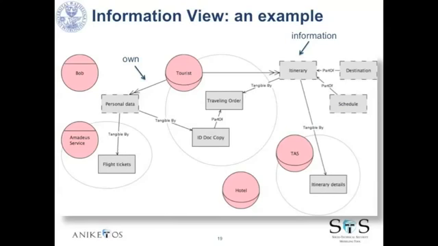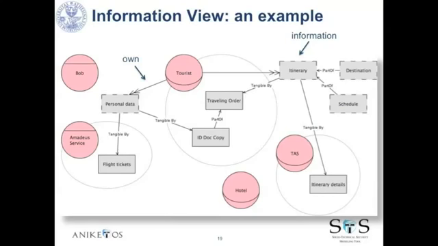For instance, the tourist owns his personal data, and the personal data is the information that is made tangible by an ID document copy, which could be the tourist's passport, say, or a copy of his ID card. And at the same time, personal data is made tangible by flight tickets. So it could be the case that a given information is made tangible by different documents, so documents that represent or contain this information.